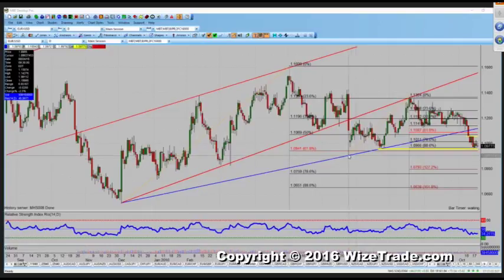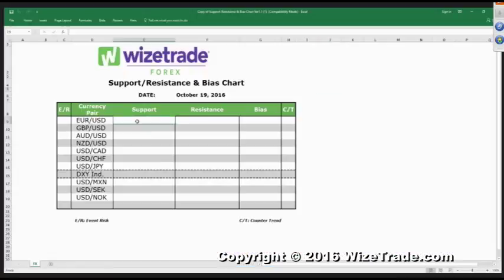Obviously, we got the spike down here to 109, but my 2 cents are if we break through 109.40, we're probably going to be trading down towards 108, and then you got the ECB tomorrow, which complicates things obviously. But today it's going to be hard for the euro dollar to break below 109.40.